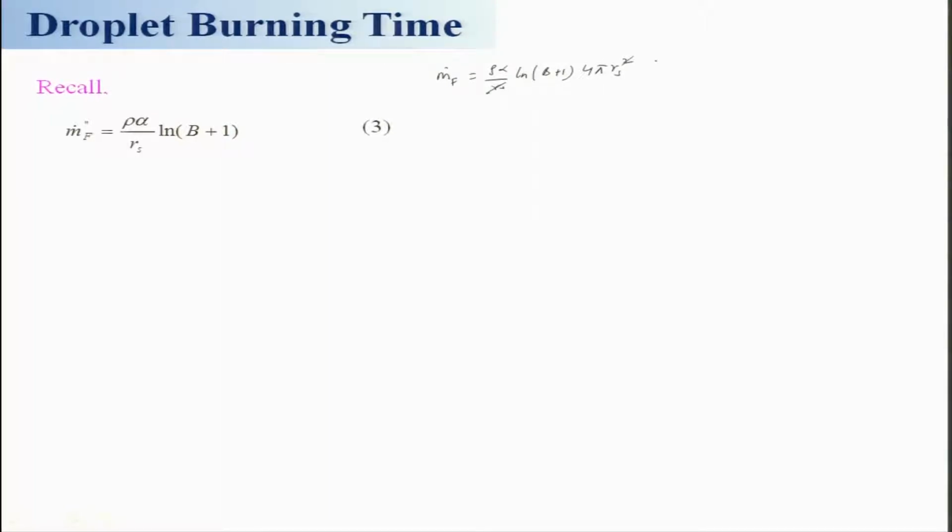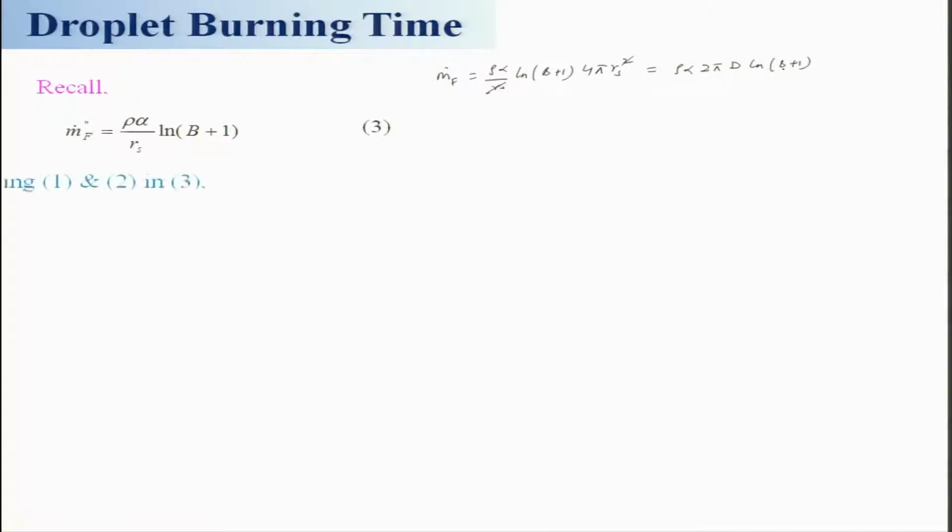This will cancel, and what you get is rho alpha 2 pi d ln(B plus 1). R_s is changing also, so this will be 2 pi d.